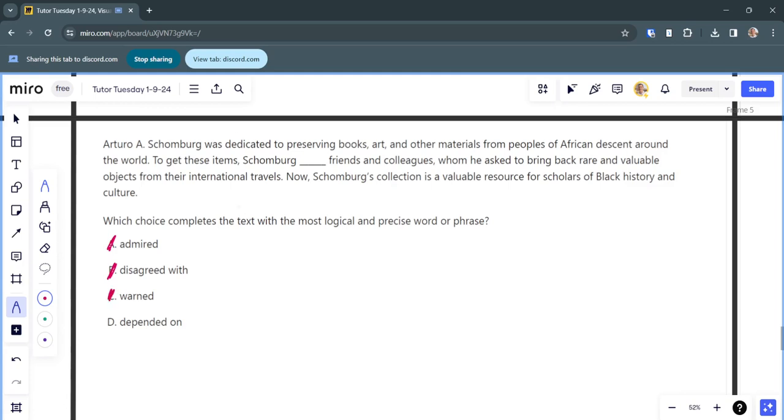He warned, that seems kind of ominous. And depended on. Depended on makes the most sense to me. Depended on means that he relied on them to bring the items to him. And that makes sense, right? You can rely on a lot of people to kind of crowdsource your collection. So we'll go with D for this one.